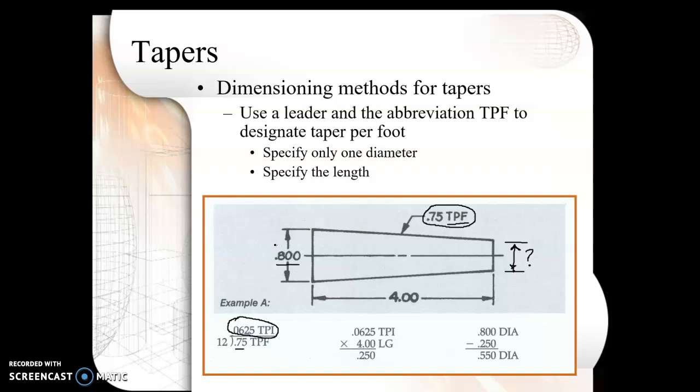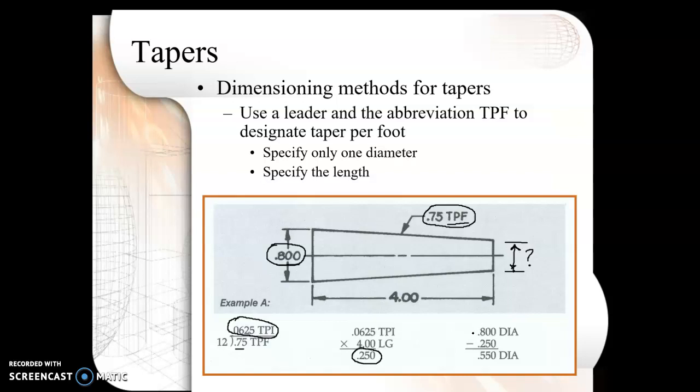So if we start off with a dimension of 0.800 and we decrease that dimension by 0.0625 for every inch of length, and it has 4 inches of length, then we take that 0.0625 taper per inch, multiply it by that 4.00 length, and we can see that it is going to decrease in size by 0.25.